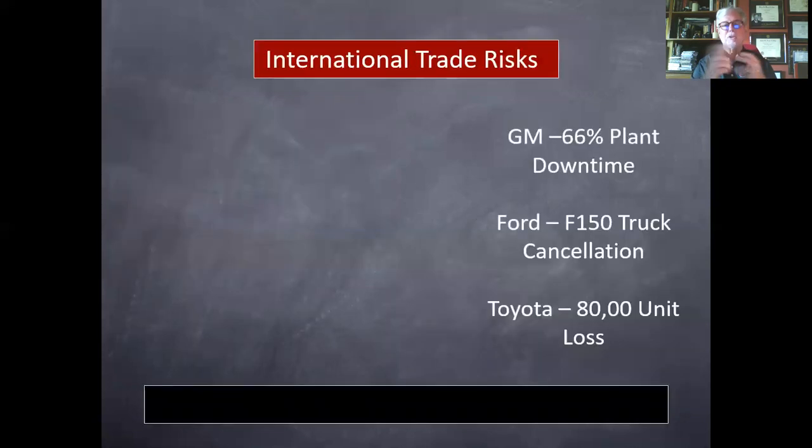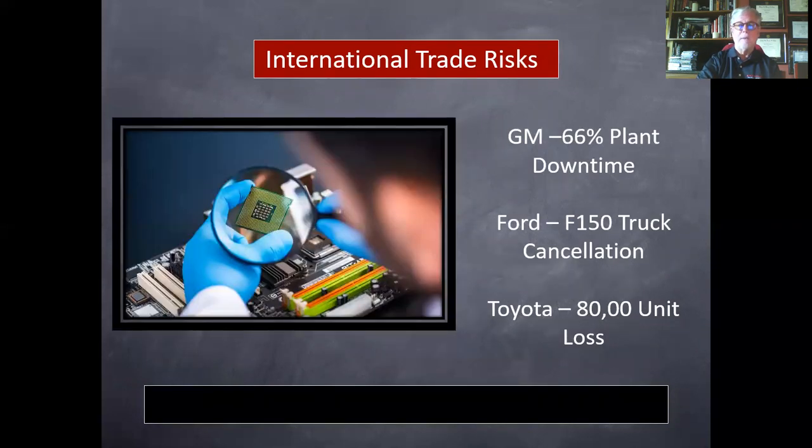Because of this, General Motors plants are down 66% in the time they operate. Ford had to cancel production of their Ford F-150 truck in one of their plants. And Toyota has set their sights at an annual production of 80,000 units less than what they had anticipated.